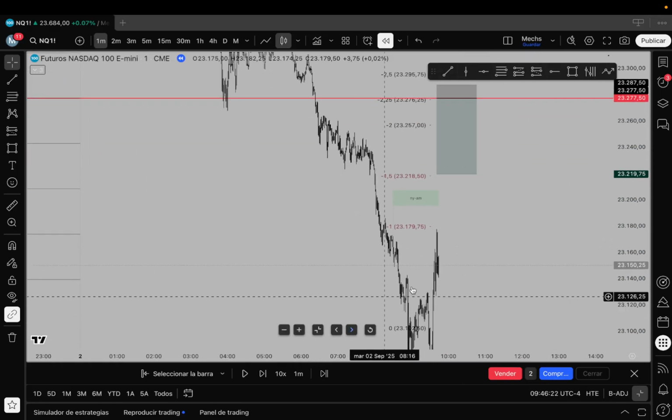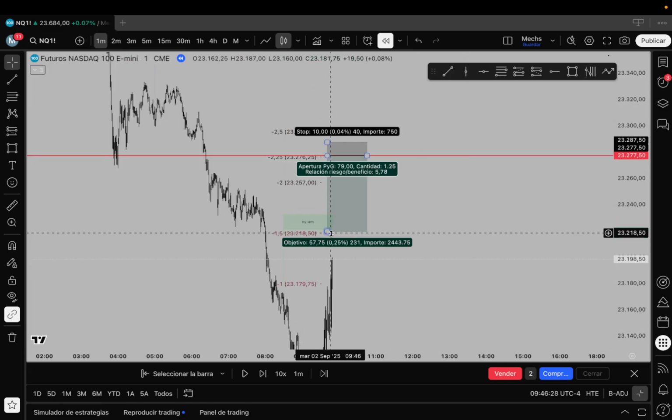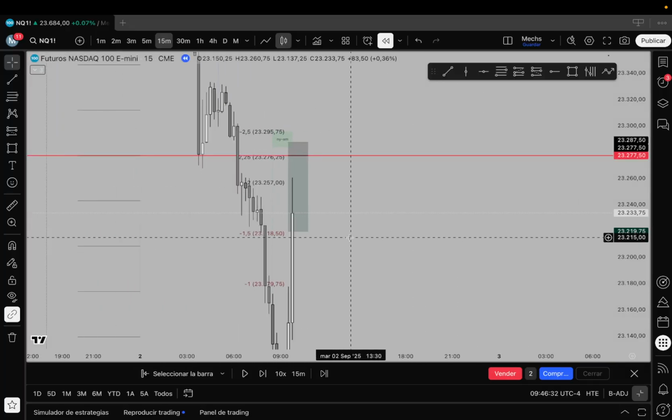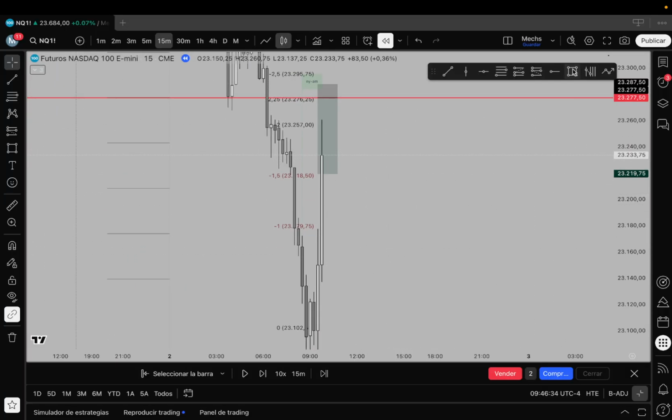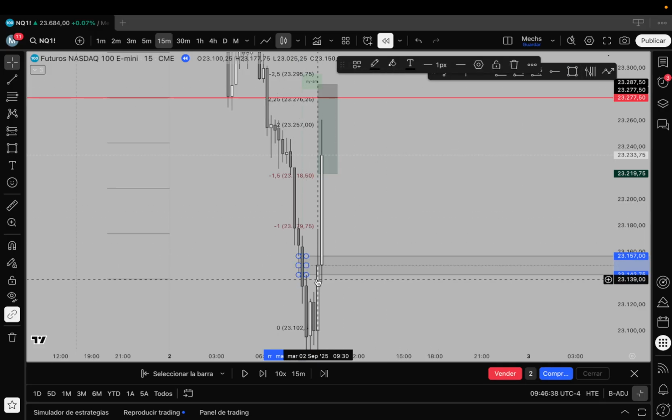And yeah, I targeted, I think, this inverse. The CE of this inverse. Also, it's a close open.